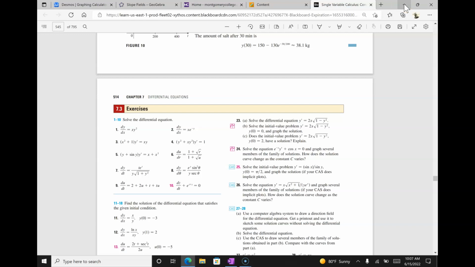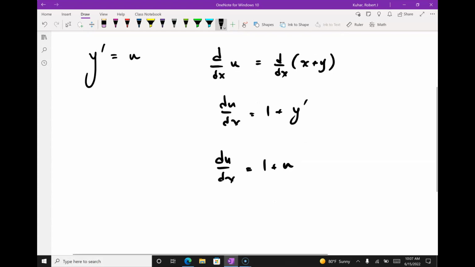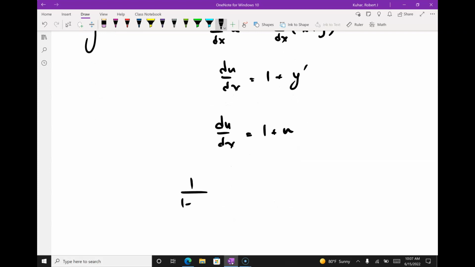Make a u sub, take the derivative of that piece, so that now you can see, right? What do I have here? I have du dx equals 1 plus u, and that is now separable, right? So I get 1 over 1 plus u du equals dx, right? You with me?